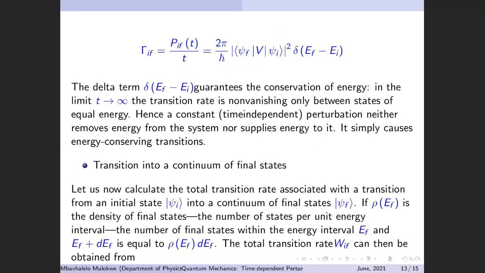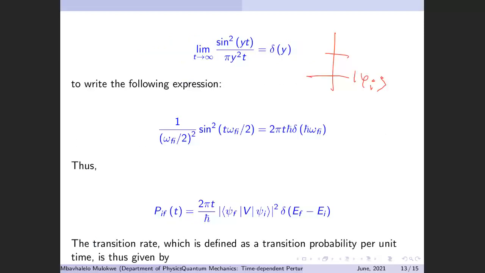You can also have a state where, so what we have been considering so far is that you start with some initial state, and all these states were discrete, and you wanted to check what was the probability that it goes to a final state, which was one of these discrete states. But it might happen that your system has a continuum of states after some state.